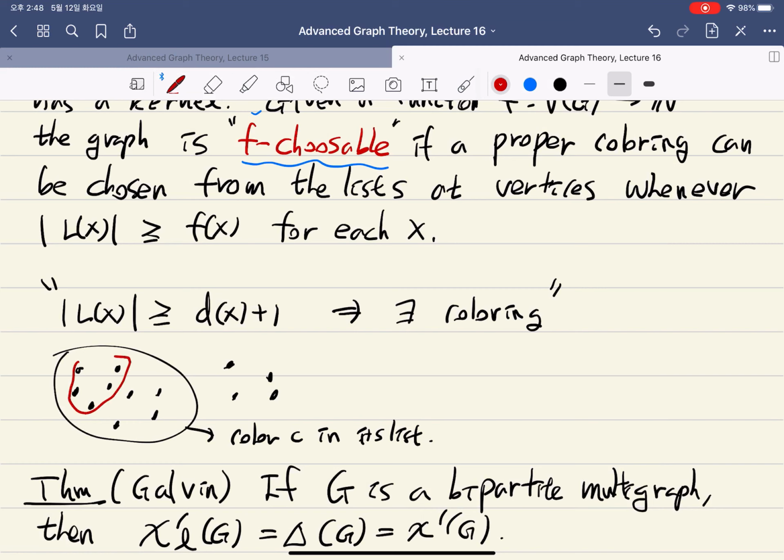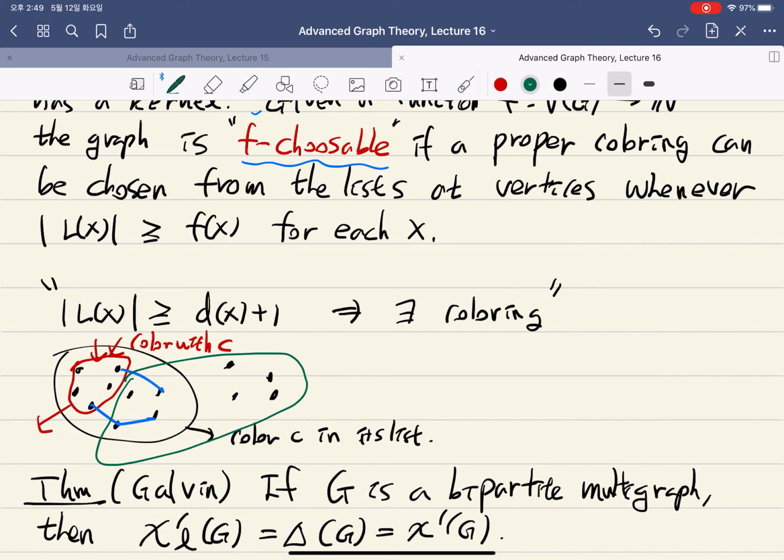And we actually choose some of them and color with C. Imagine that there could be an H here, and there should not be any H's here, because we want to color these vertices with the same color C. So this must be an independent set. And then once we color this, we want to do the induction. So we want to still finish the coloring for the remaining vertices, and we keep doing that.